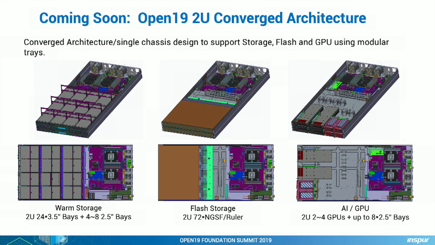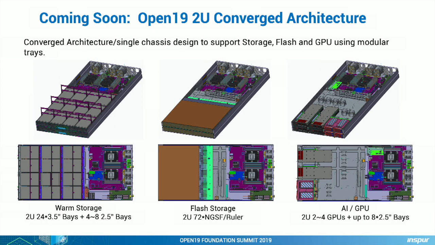Coming soon, you don't see any 2U bricks out there yet. Inspur is working very closely with the community to figure out what the requirements are for the 2U bricks. And we have already come up with designs that we think are going to be in volume demand.